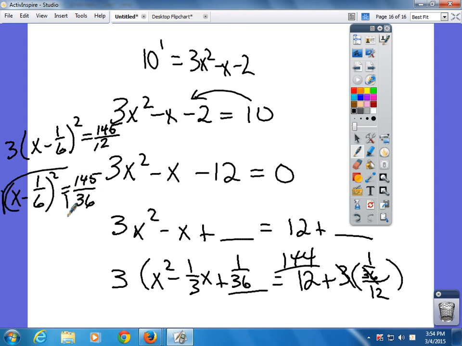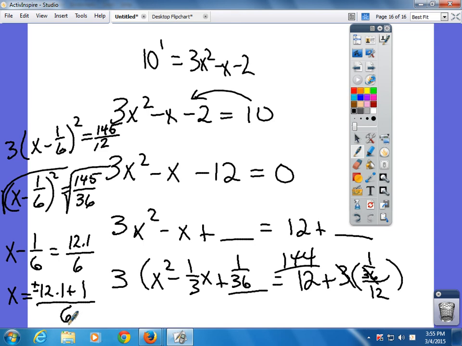Square root of both sides, that's going to be x minus 1/6 is equal to the square root of 145 over 6, which is 12.1 over 6, and that's going to be x is equal to 12.1 plus or minus, plus 1 over 6.